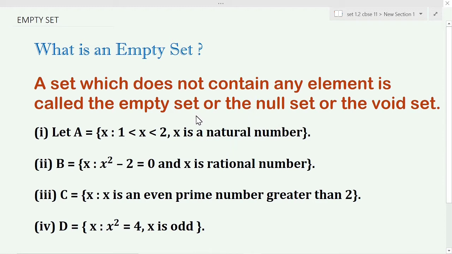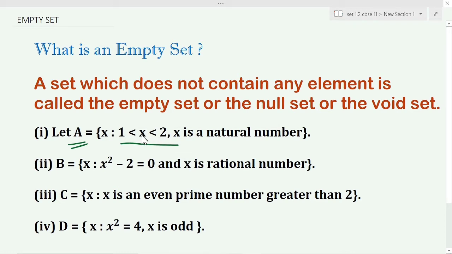So let us discuss some examples. Let a set A be defined as x such that 1 < x < 2.